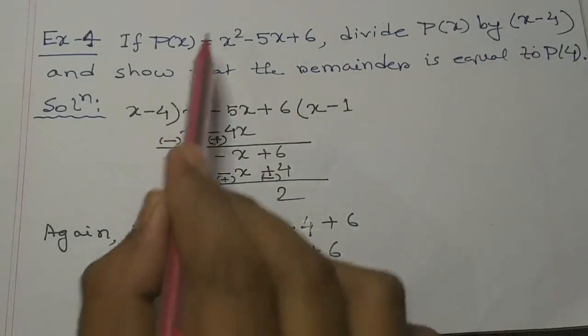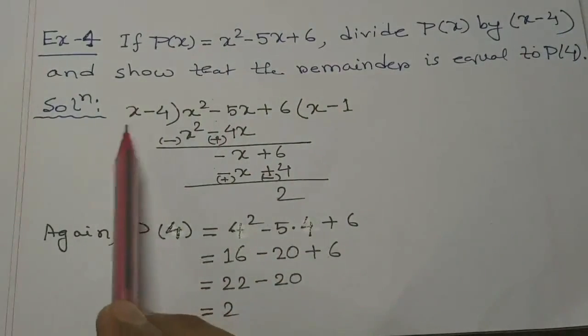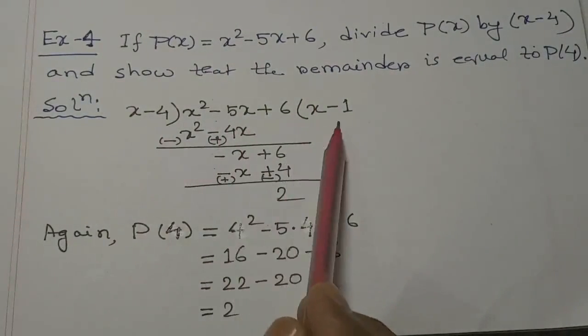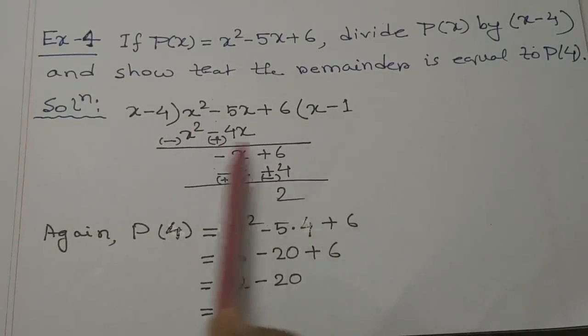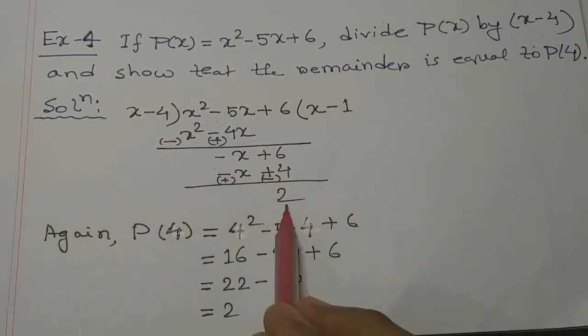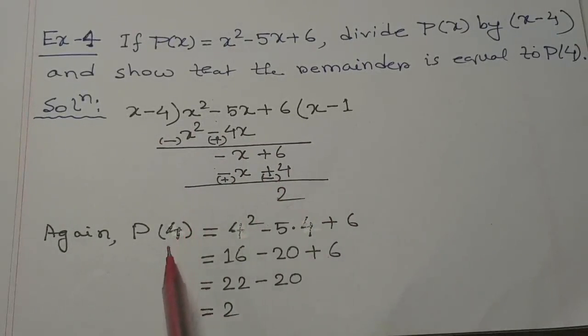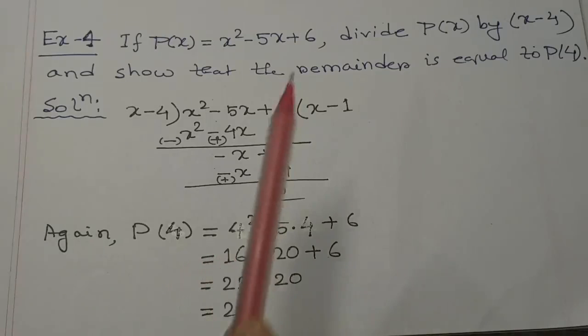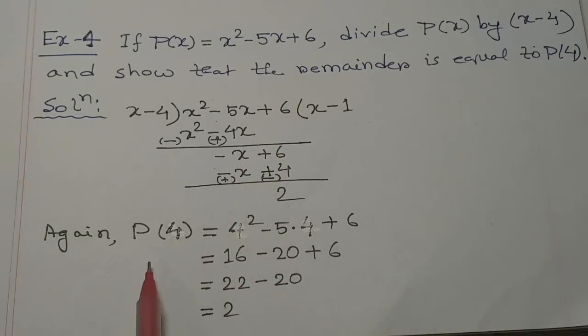At first we will solve this example. If we divide by x minus 4, we can see that the quotient will be x minus 1, and at last we will get the remainder 2. And we have discussed a few moments ago how to find the value of a polynomial, and we have applied that here.